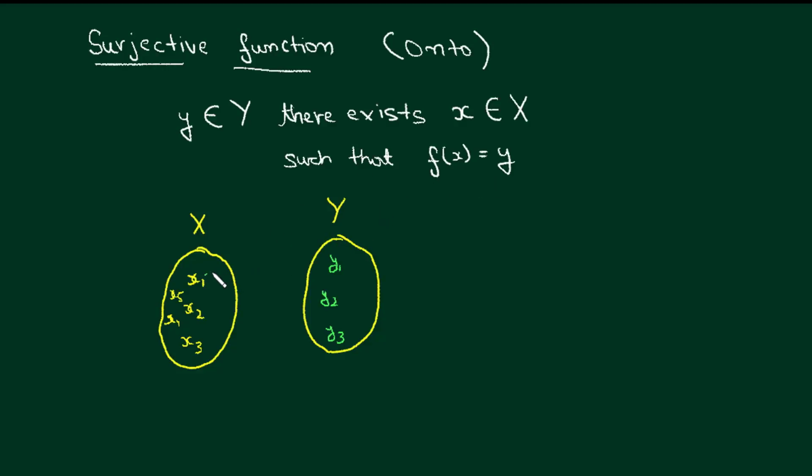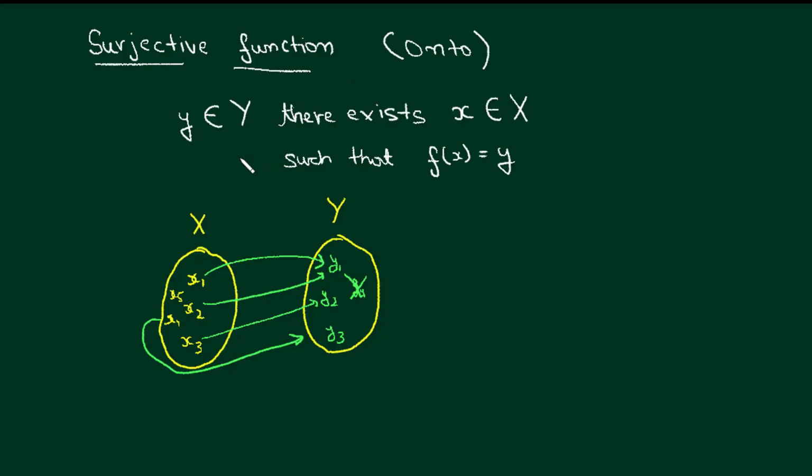This means that every y should be mapped onto by some x. There cannot exist any isolated y. There can be isolated x. x5 here is isolated, but there cannot be any isolated y if the function is surjective, because for every y there should exist an x.